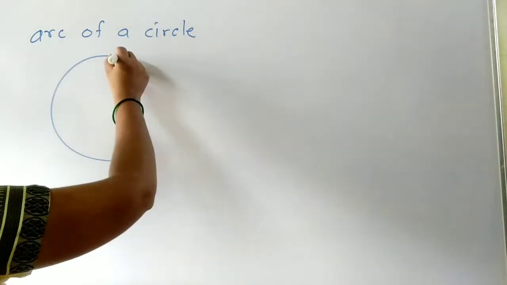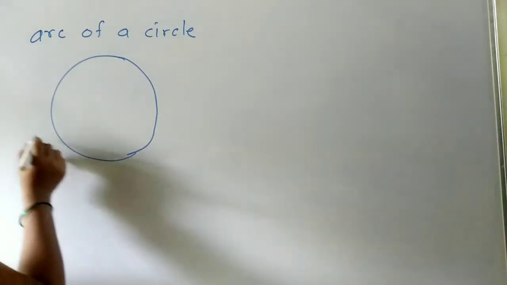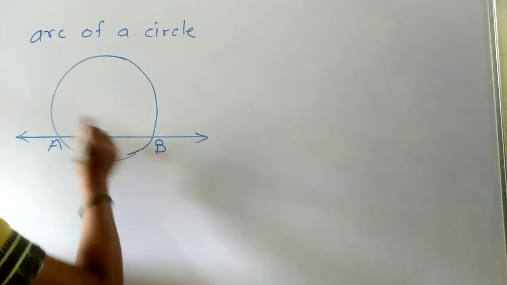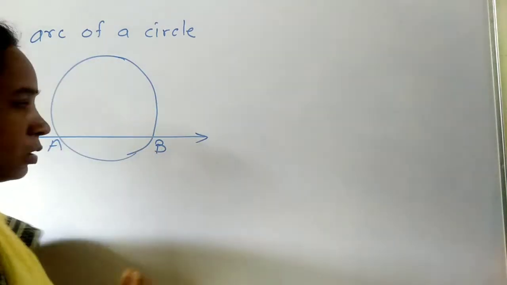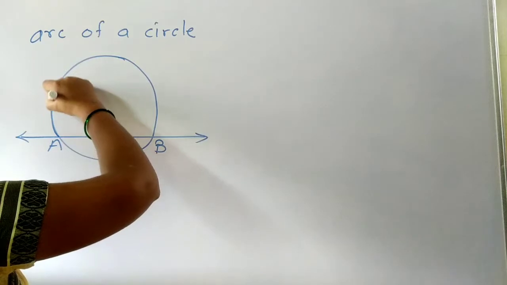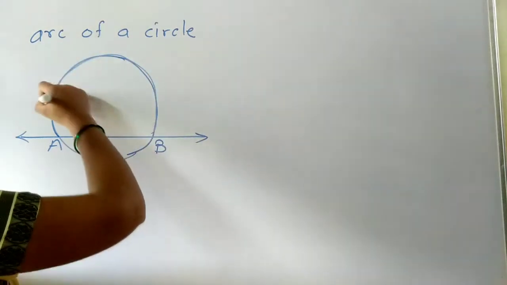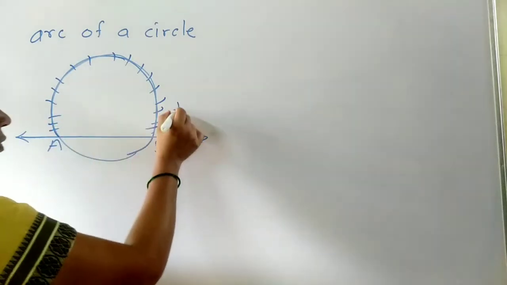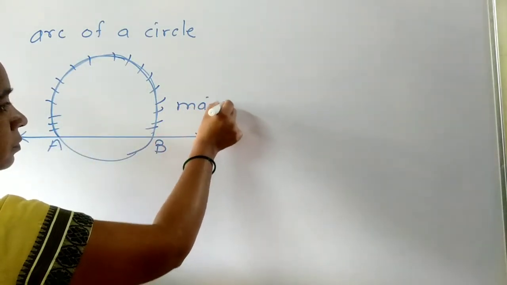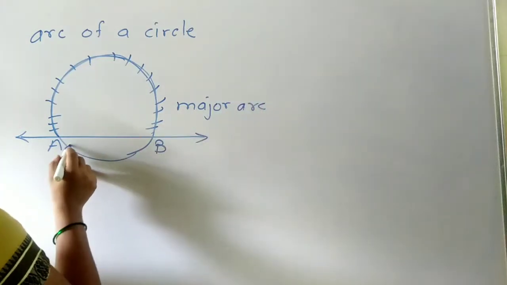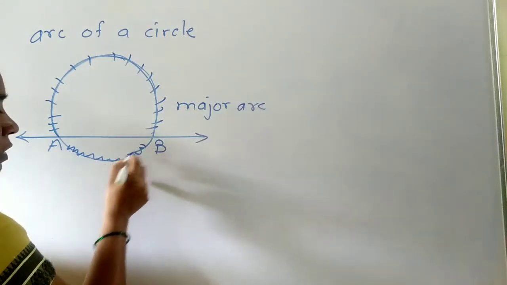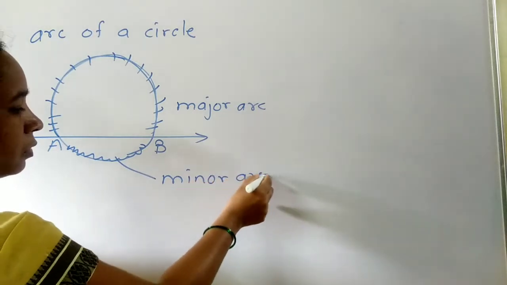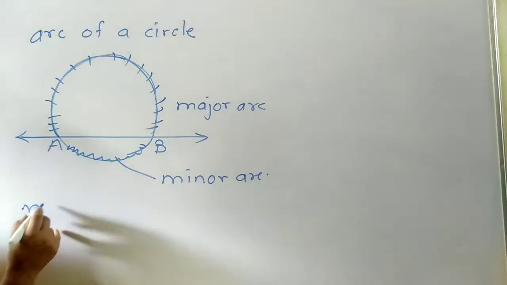Suppose this is the circle, and if I draw the chord AB, then it makes two parts of this circle. This part is called the major arc. In the same way, this one is called the minor arc.